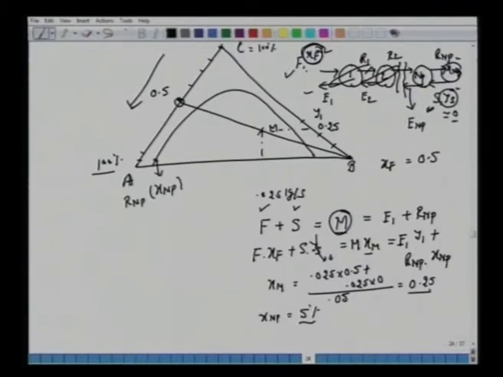So when you know this M, now we are talking of the second set of equations. Connect this M here to mark this E1. This is what we are applying, this mixing rule: F plus S equals E1 plus RNP.